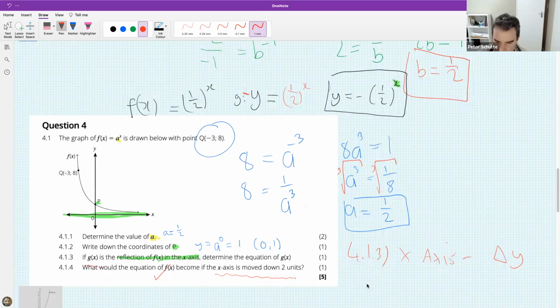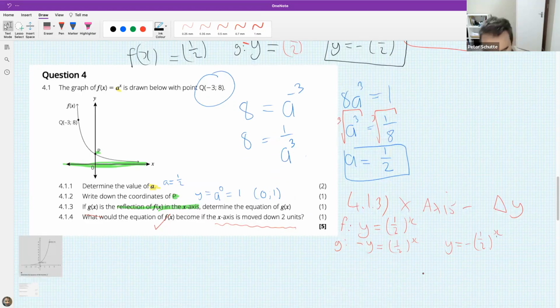So the original equation was y equals a half to the power of x. That was the function f. In order to get g, I needed to reflect over the x-axis, so I changed the sign in front of the y. But when we write functions, we often write it with the y by itself. So we could rewrite this in this way.